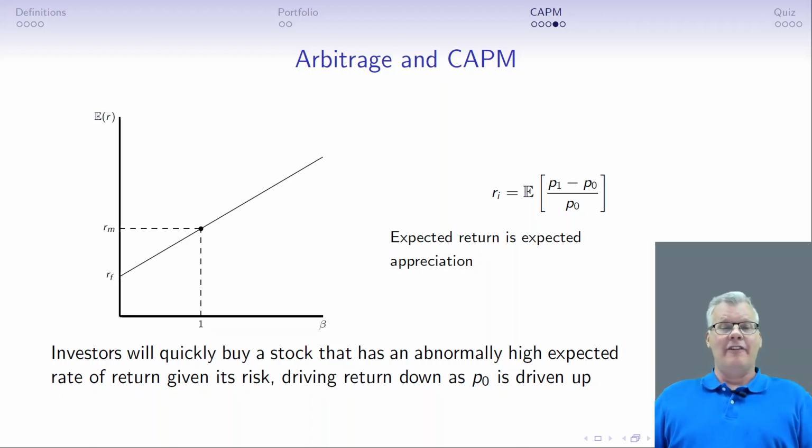I have the dot indicated by construction where beta is 1, which means I'm holding a broad index that perfectly represents the market as a whole. My expected rate of return is the market rate of return, R sub m. And then I have my vertical intercept, R sub f, which was the risk-free rate of return.